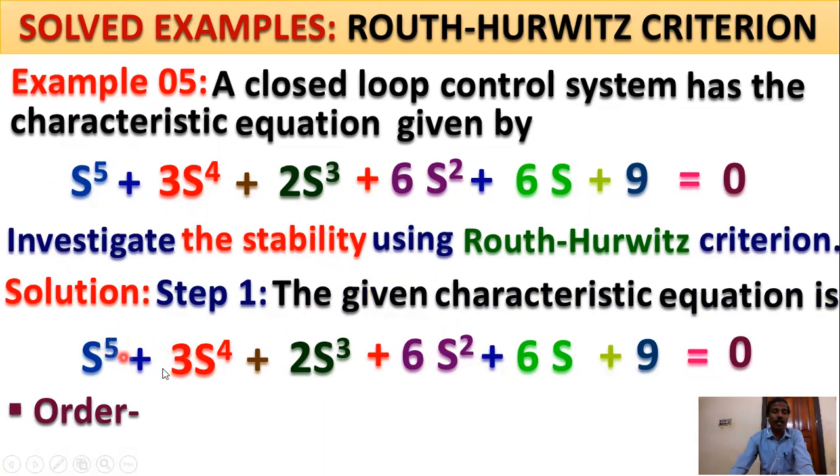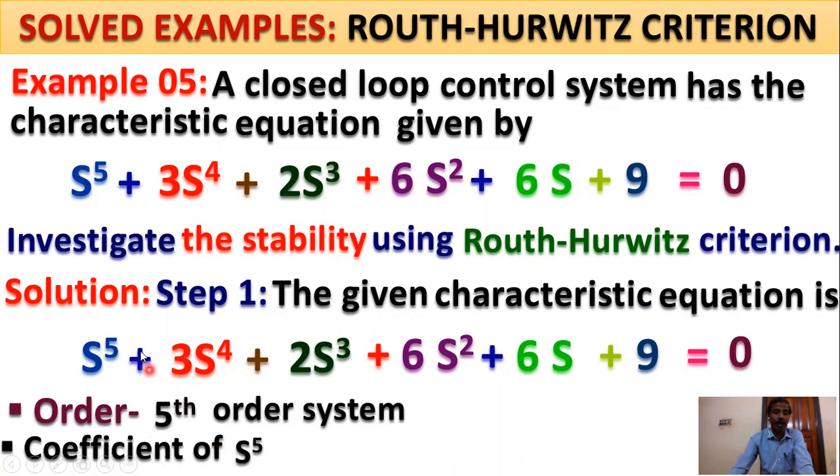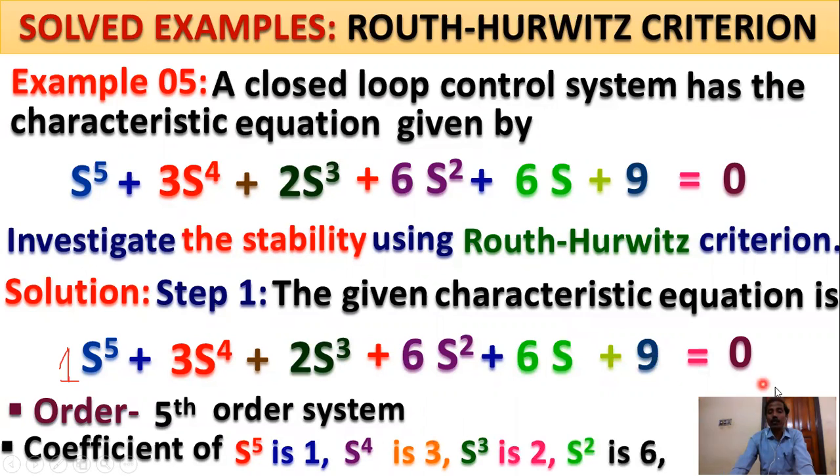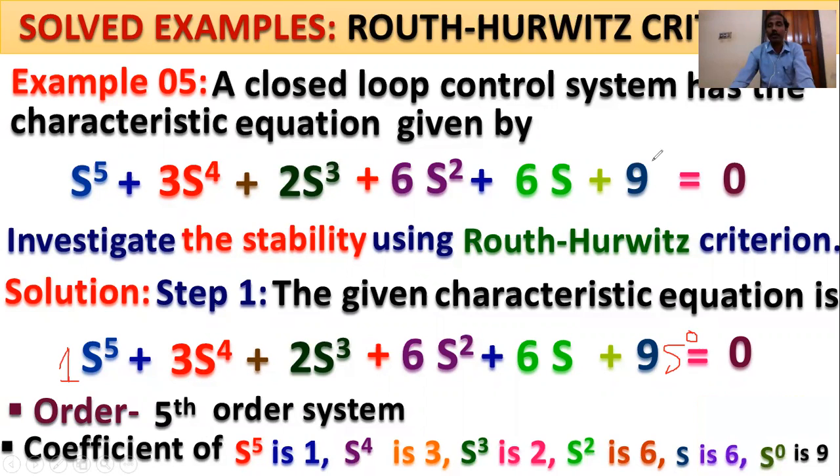This is a fifth order system. The coefficient of s to the power 5 is 1, the coefficient of s to the power 4 is 3, the s cube coefficient is 2, the s square coefficient is 6, the s to the power 1 coefficient is 6, and the s to the power 0 coefficient is 9.